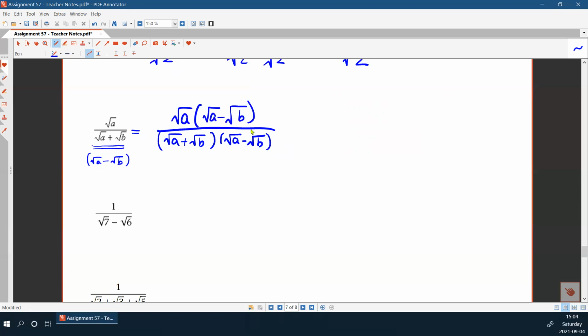Multiply the same number to both the denominator and the numerator, right? And the denominator becomes a minus b. The numerator becomes a minus square root of ab, right? So this is the final result, which rationalized the denominator.